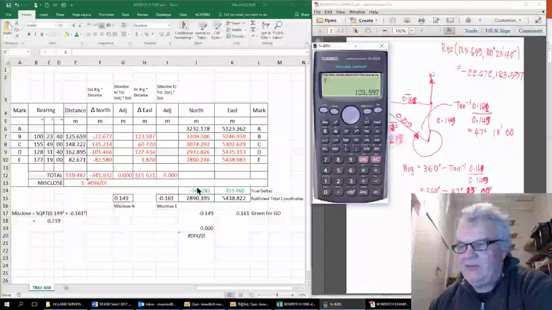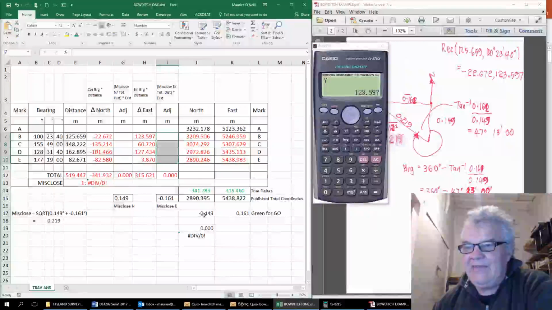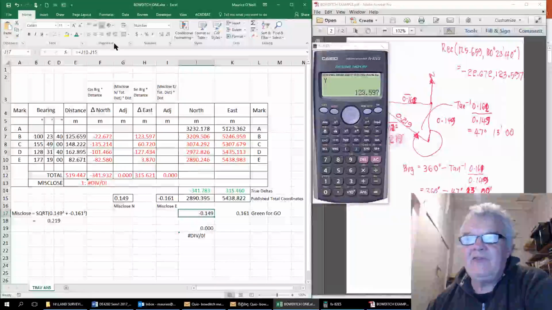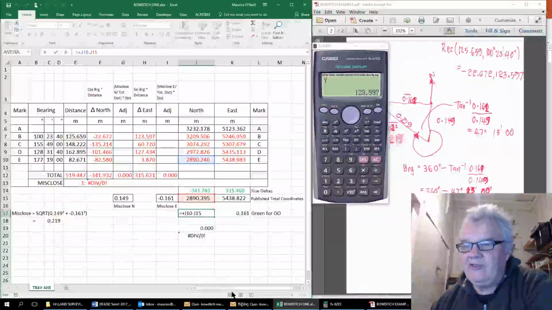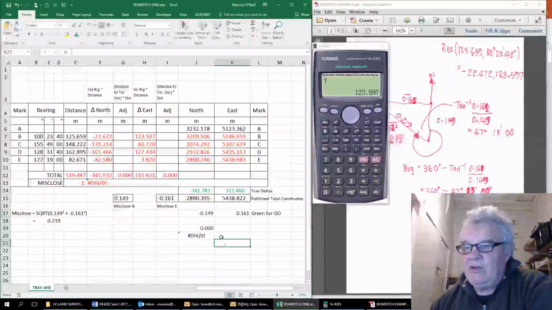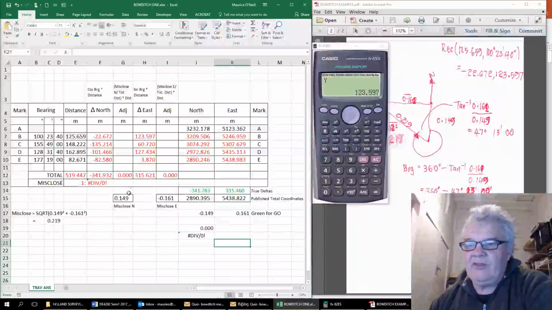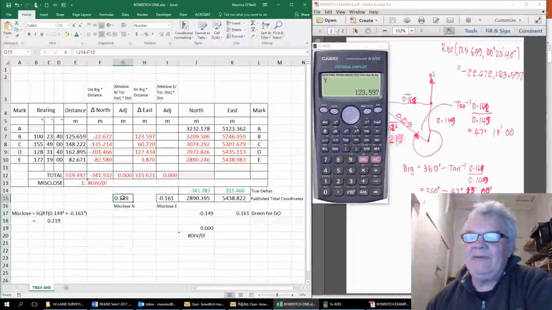These two values here need to be equal. So what I did down here is, you'll see, I worked out what, oh no, this here is the misclose. Sorry, that's another ball game there.